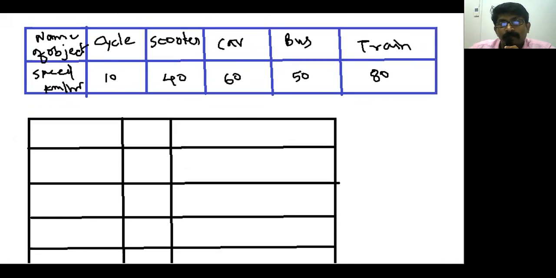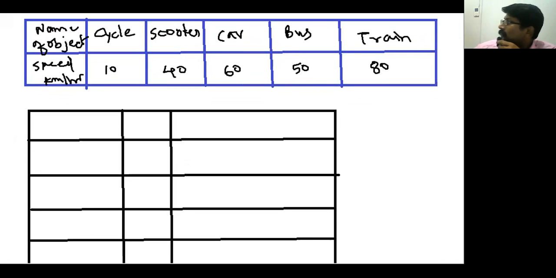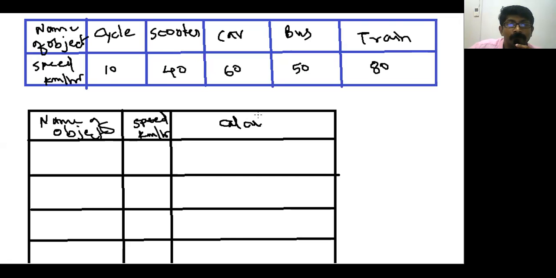I hope you've finished writing till here, and now it's time to start with the sum. Okay, so let's say this is the name of the object, and this is speed in kilometer per hour, and this is the calculation of, let's say, an angle.